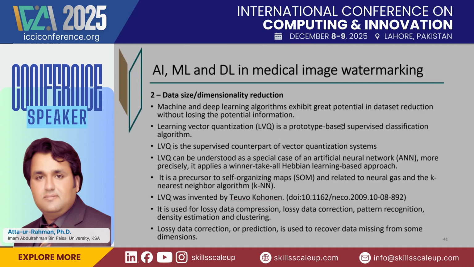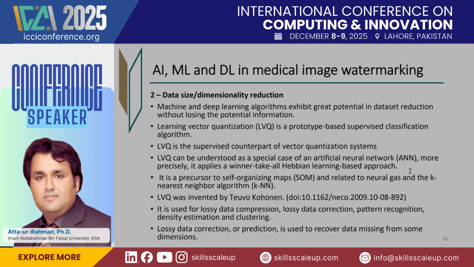In terms of dataset size and dimension reduction, deep learning algorithms exhibit great potential in dataset reduction without losing the potential information. In this regard, learning vector quantization is a prototype-based supervised classification algorithm. It's a supervised counterpart of vector quantization systems. It can be understood as a special case of an ANN.